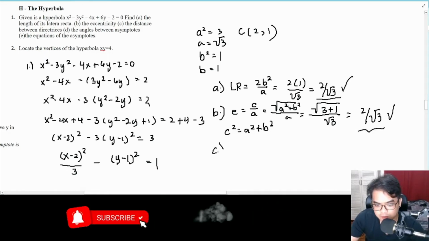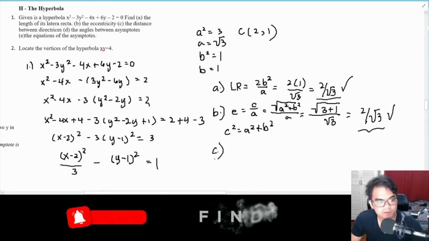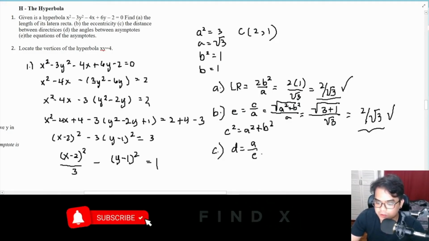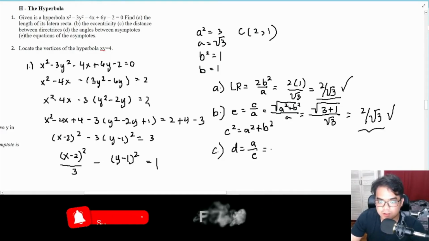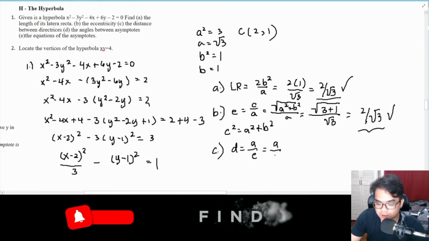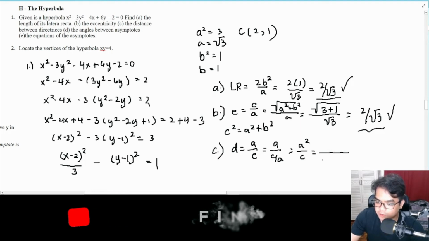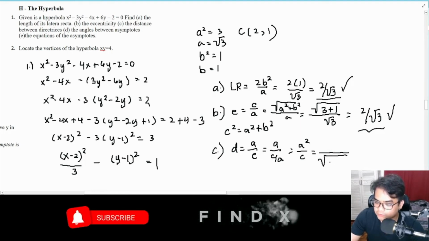So letter C, the distance between directrices. The distance between directrices, d, is equal to a over e, and e is equal to c over a. So this is a squared over c, or a squared over square root of a squared plus b squared.